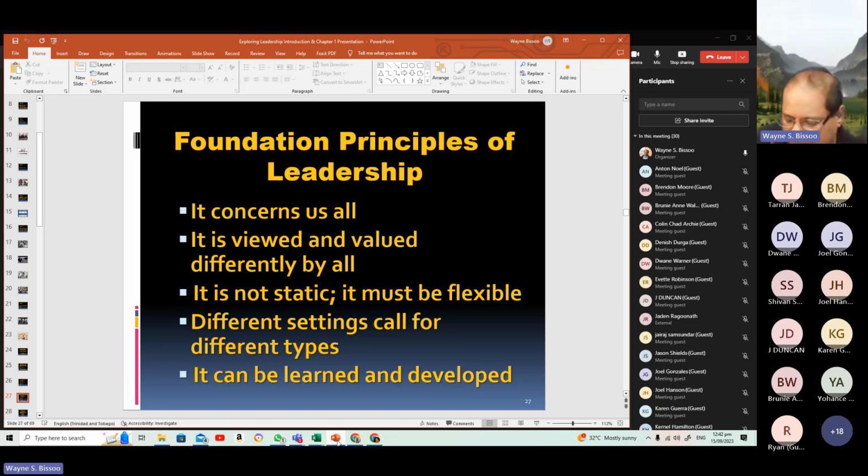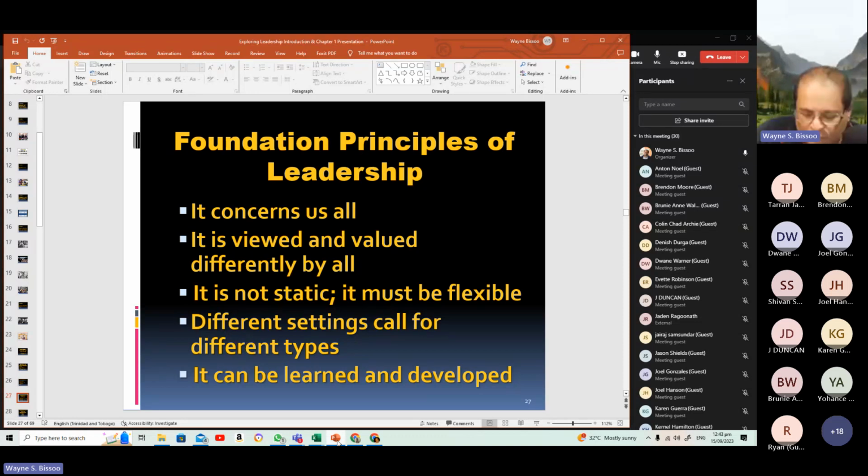Because if you think about it, in an emergency you can't be using more participative, flexible approaches to your leadership style, when at that point in time you need decisive, quick decision making. All right. So again, based upon the circumstances, different types or styles of leadership are required.